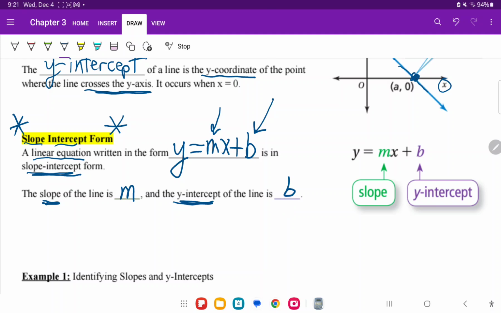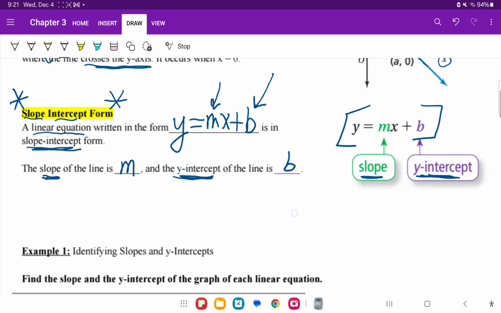It has to be a lowercase b. So in y equals mx plus b, m is the slope, b is the y-intercept. These are very useful for many different applications, and you're going to use this a lot over the next several years.